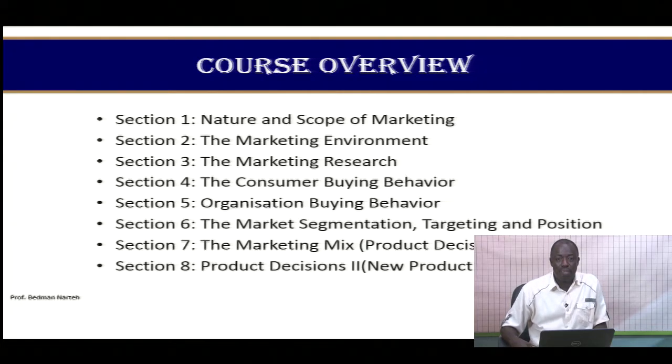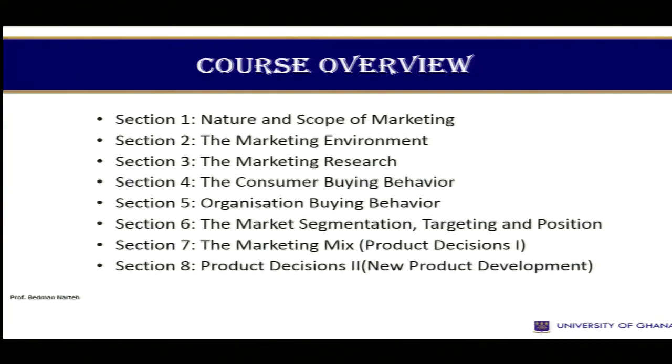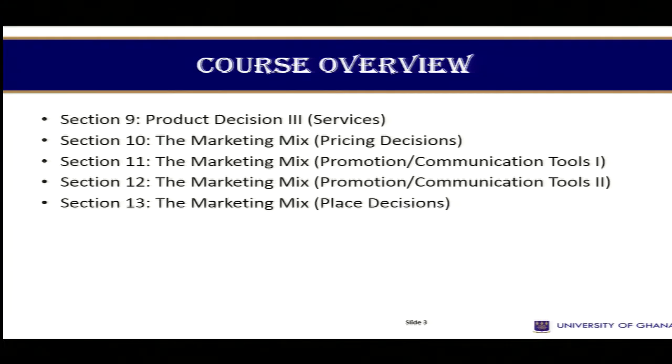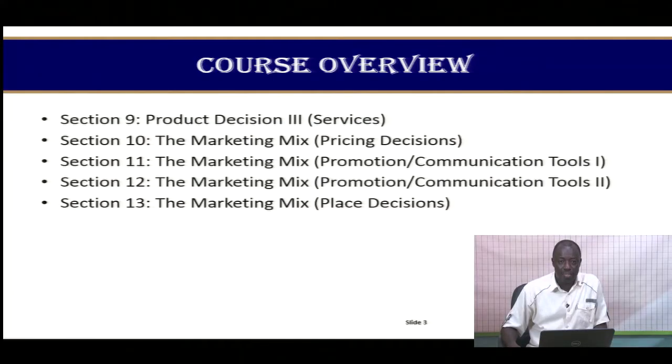Then the consumer buying behavior, section 4, organizational buying behavior, section 5, market segmentation, targeting and positioning, section 6, the marketing mix, product decisions, which is section 7, product decisions 2, which is new product development, section 8, product decisions 3, section 9, the marketing mix, which is pricing, continues with section 10.